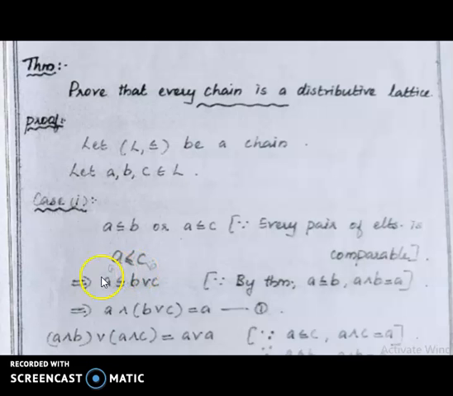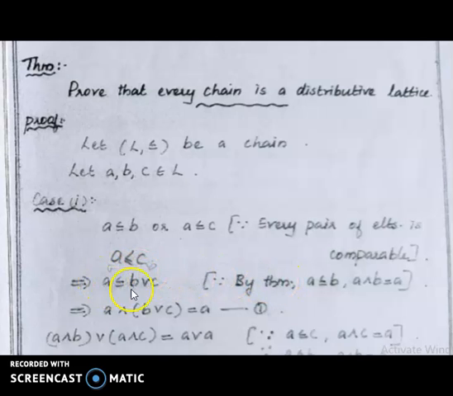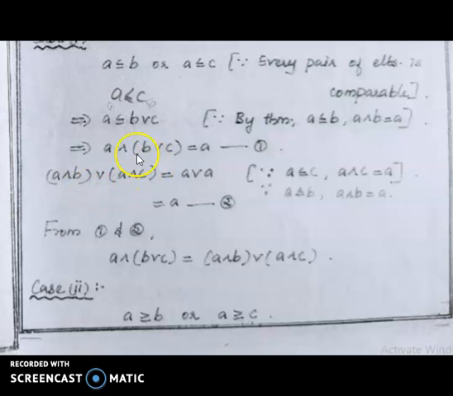So this is what we are applying here. A less than or equal to B or C means A and (B or C) is A. So this property we are applying: A and (B or C) is equal to A. Now (A and B) or (A and C) is equal to A or A. So how do you get this? Once you consider this, we have A less than or equal to C and also A less than or equal to B, right?